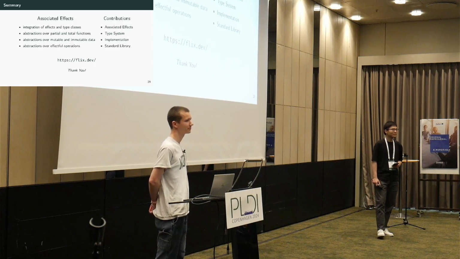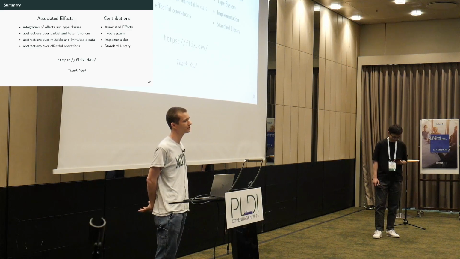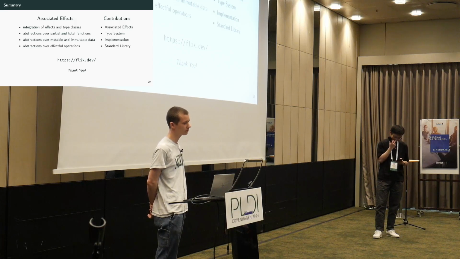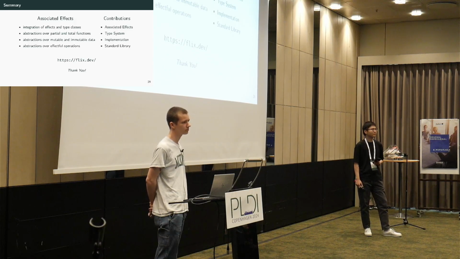Hey, thanks for the great talk. I can imagine you might find yourself in a situation where, if you're writing a new trait, you're sort of defensively adding an associated effect because who knows what the implementer might require. Sure, it can default to pure or whatever.